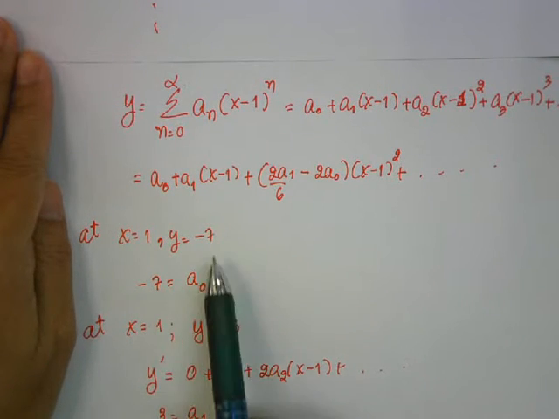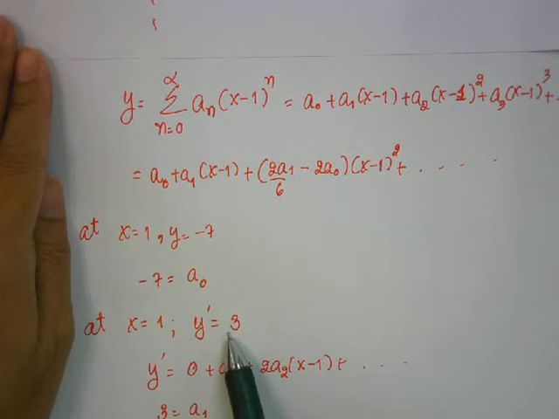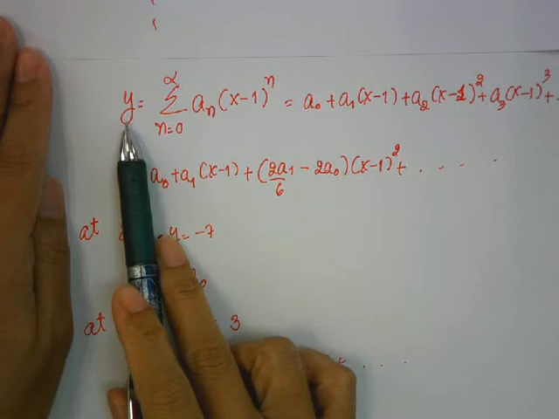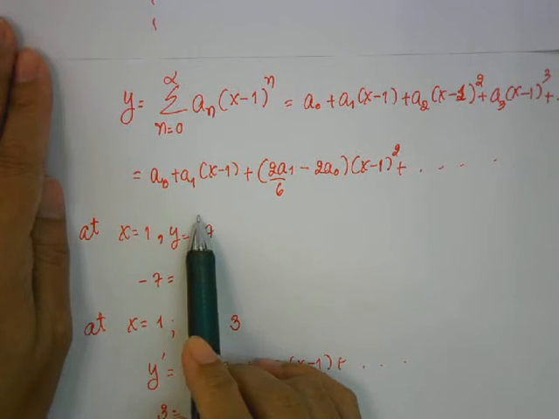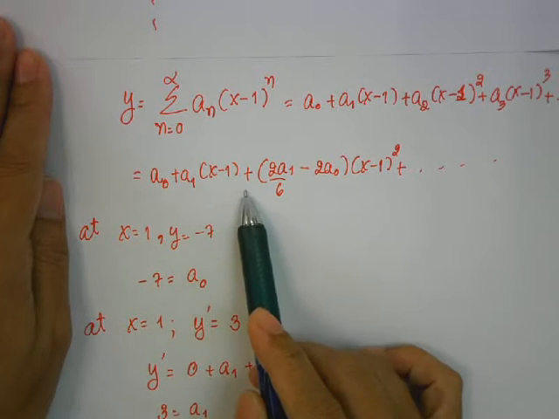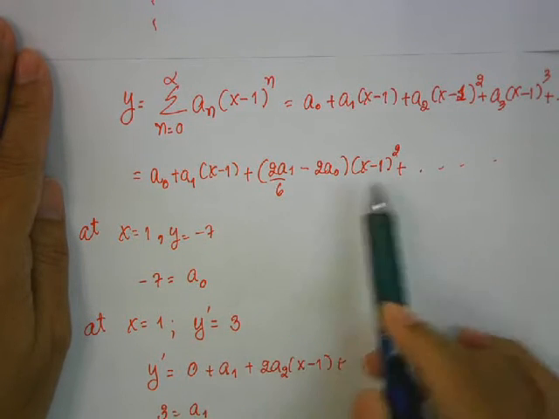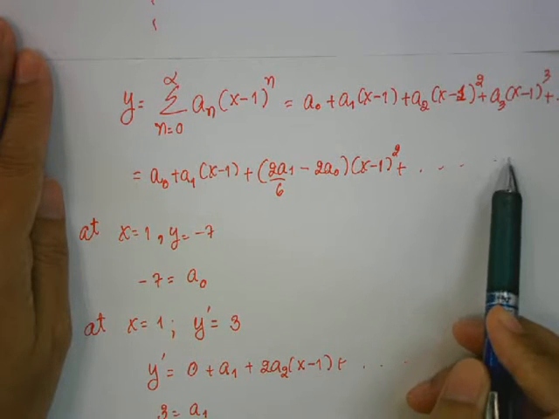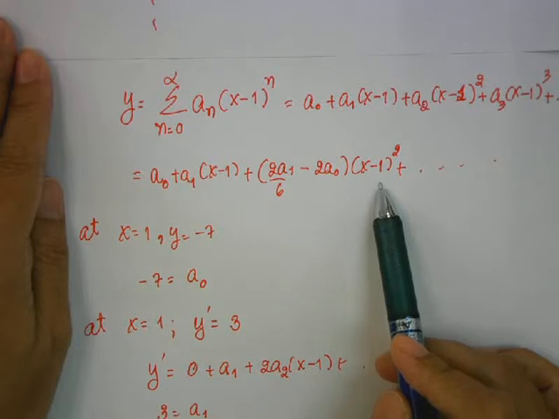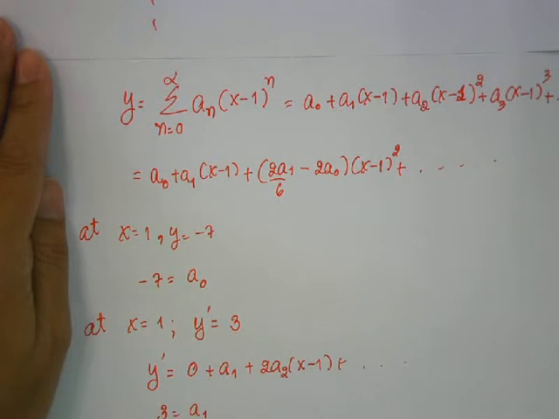And for your second boundary condition, saying that the first derivative of y at x equal to 1 is equal to 3, you do the first derivative of your solution, and you would get 0 plus a1 plus 2 times x minus 1 times this constant. So if you have the term x minus 1 to the power 3, when you differentiate it, you would have the term x minus 1 to the power whatever there. But you would have this factor all the time.